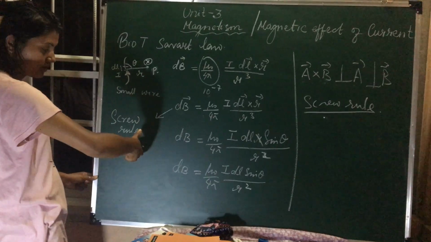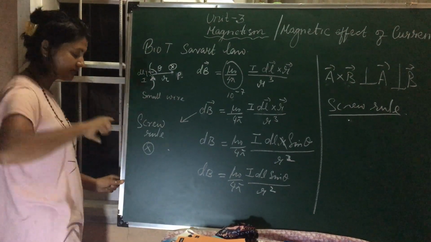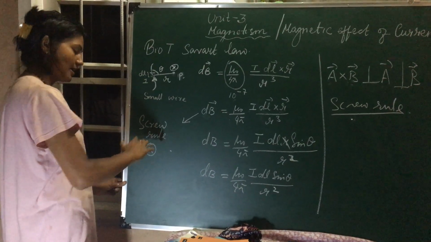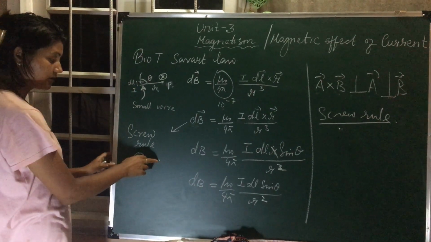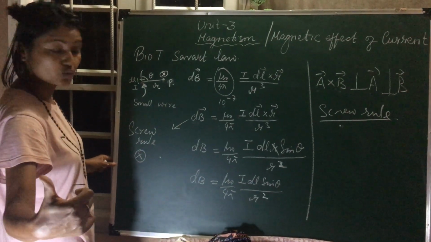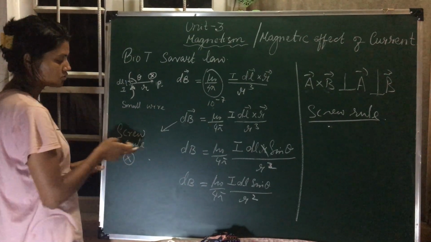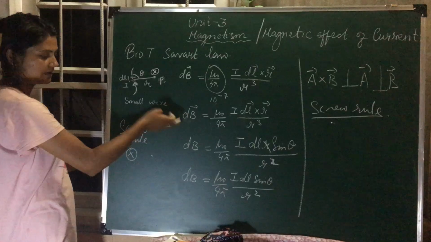How will it come out? You'll see the top, just like an arrow. If the arrow goes inward, how will you see this one? But if the arrow comes outward, you see it coming towards you. So from the screw rule, you can know the direction of dB.